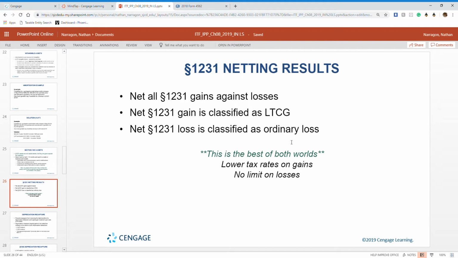So basically, you get the best of both worlds. Hannah Montana, yay, it's the best of both worlds. You get the lower tax rate on gains, and you get no limits on losses. So you can have lots of loss that can affect you, and then you get the low tax bracket of the gains. So, cool little thing, just something to know.